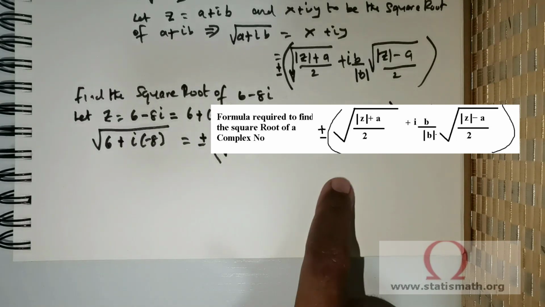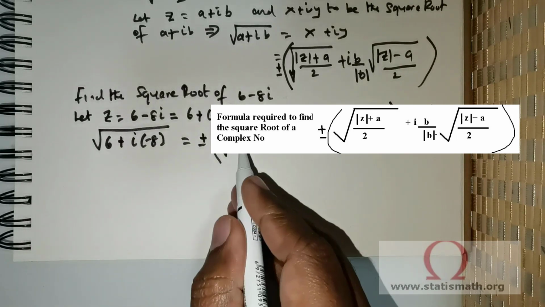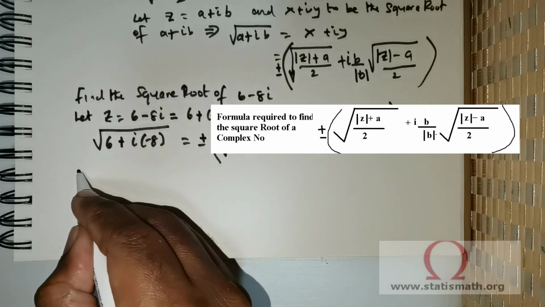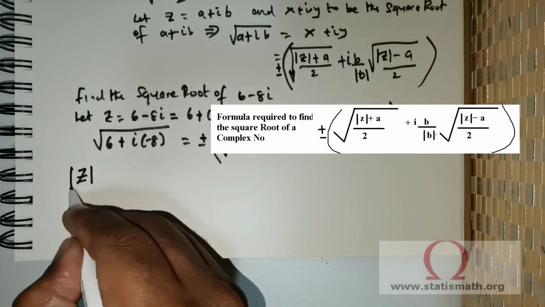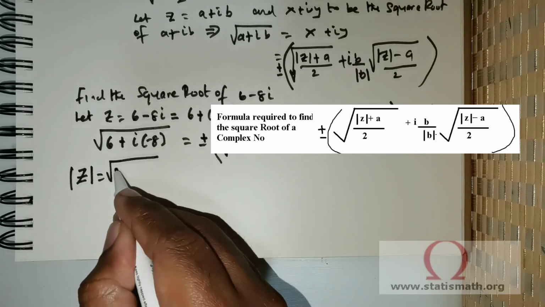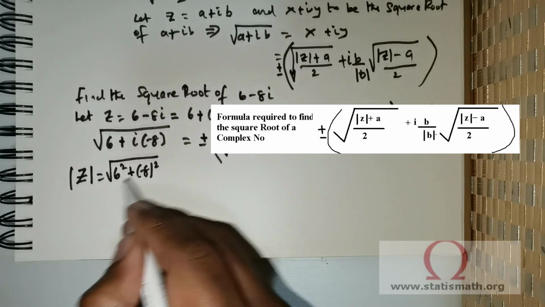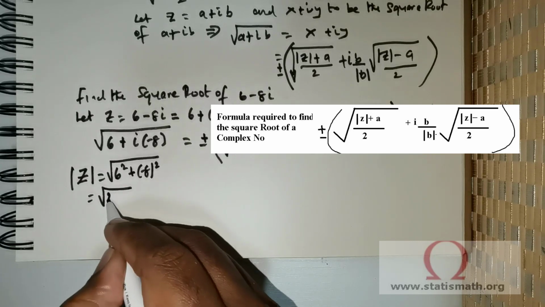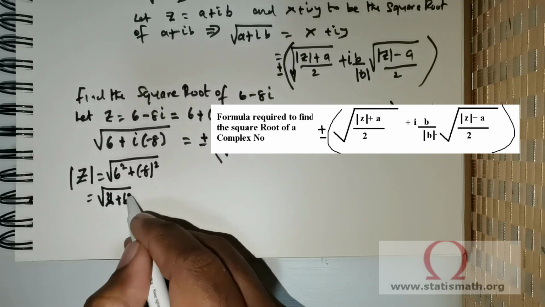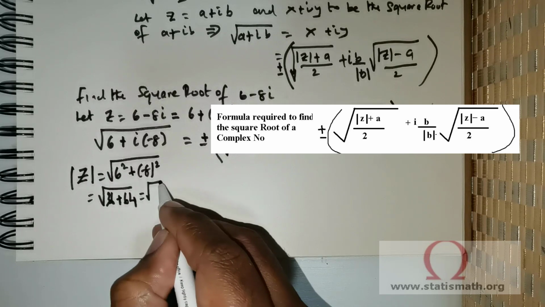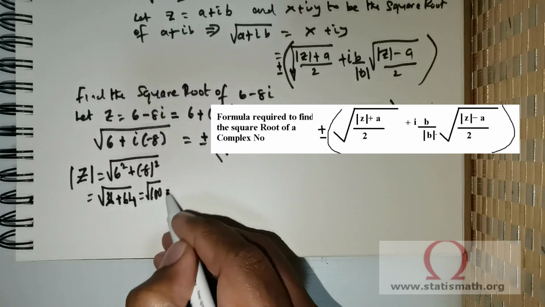Now, having obtained the required formula, first find what is the modulus of z. This is equal to the root of 6 squared plus (−8) squared, which is the root of 36 + 64, which is the root of 100, which is equal to 10.